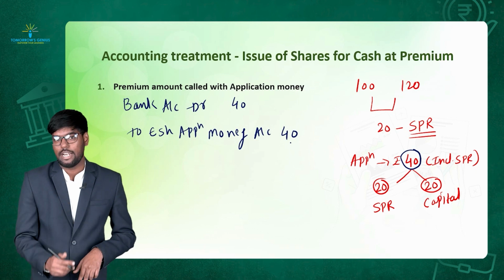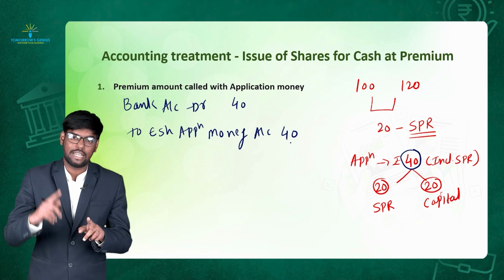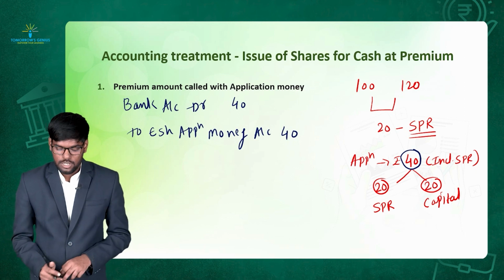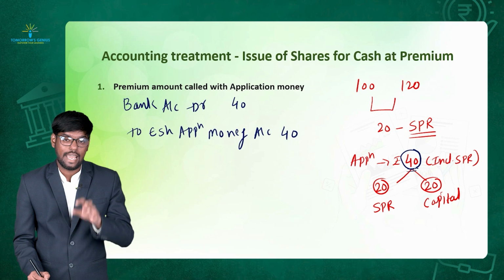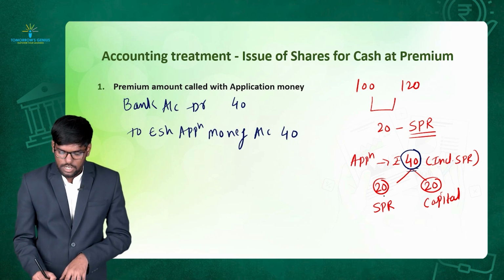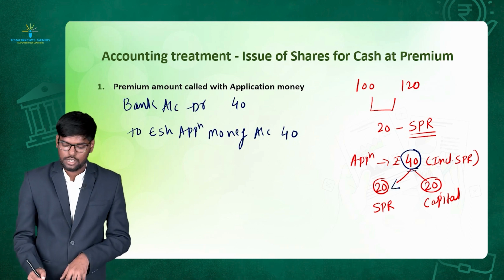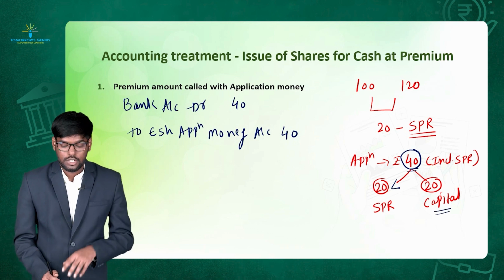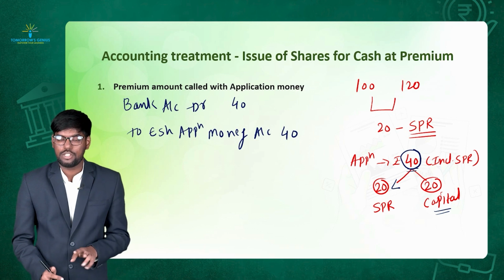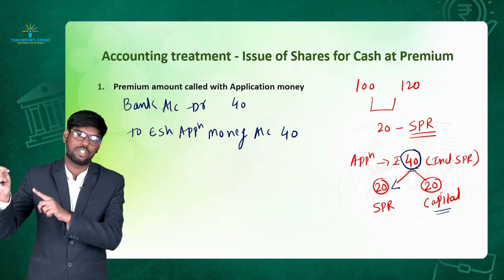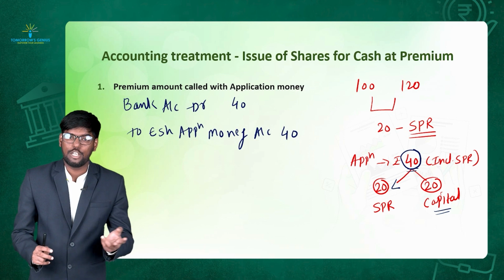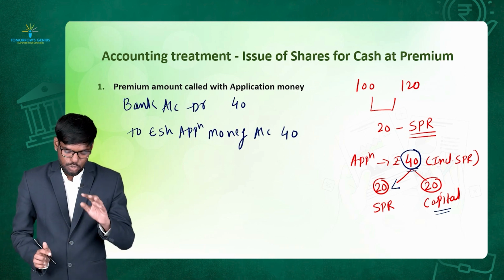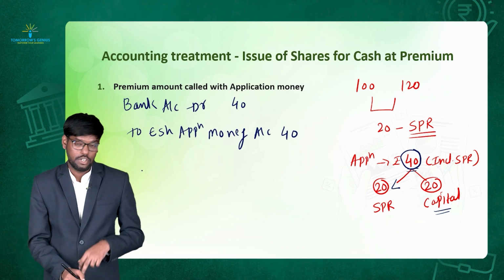Now the next entry that we have to pass is nothing but transferring that application money towards capital account. But you have to remember here, this 40 rupees is not entirely capital money. In that, 20 rupees is securities premium reserve and the balance 20 rupees is capital. So what we have to do? Out of total 40 rupees, 20 rupees we have to transfer towards securities premium reserve and another 20 rupees we have to transfer towards equity share capital account, right? So accordingly I need to pass the journal entry now. Which entry I need to pass?